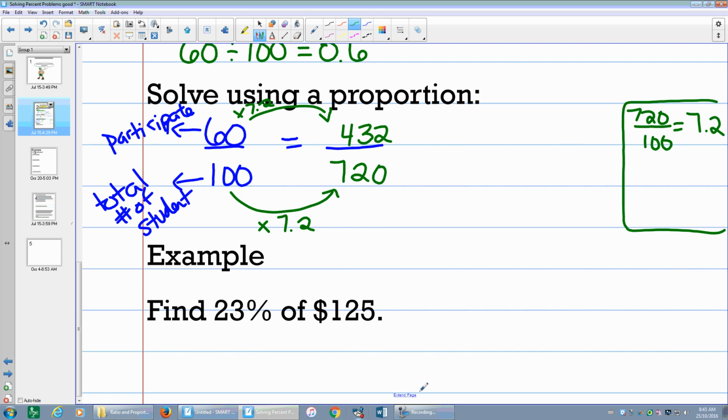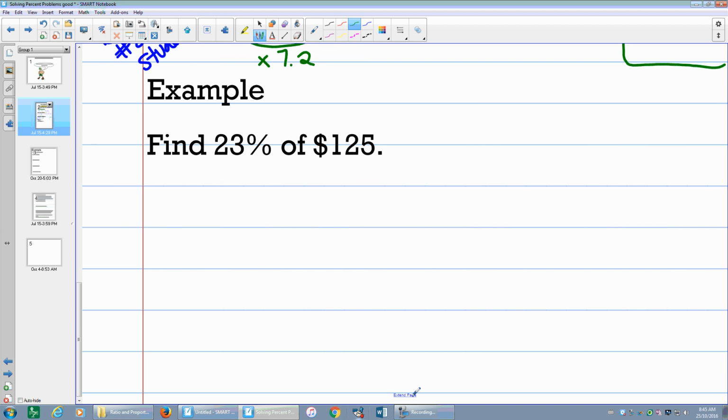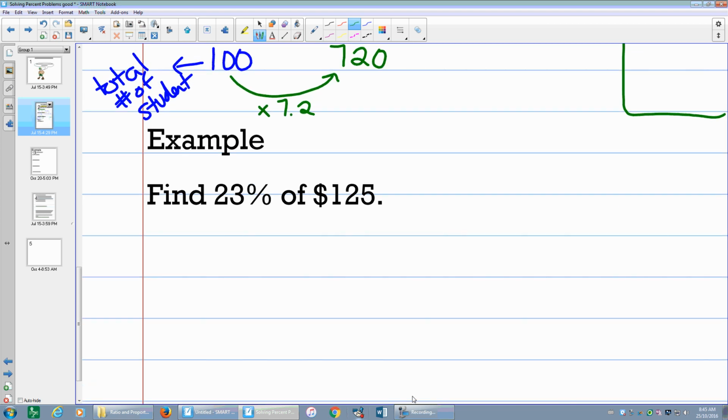So I have an example here, and this is a pretty specific example. It says find 23% of $125. When I want to find this, we'll practice solving it in a couple of ways. My first way is solving by a fraction.